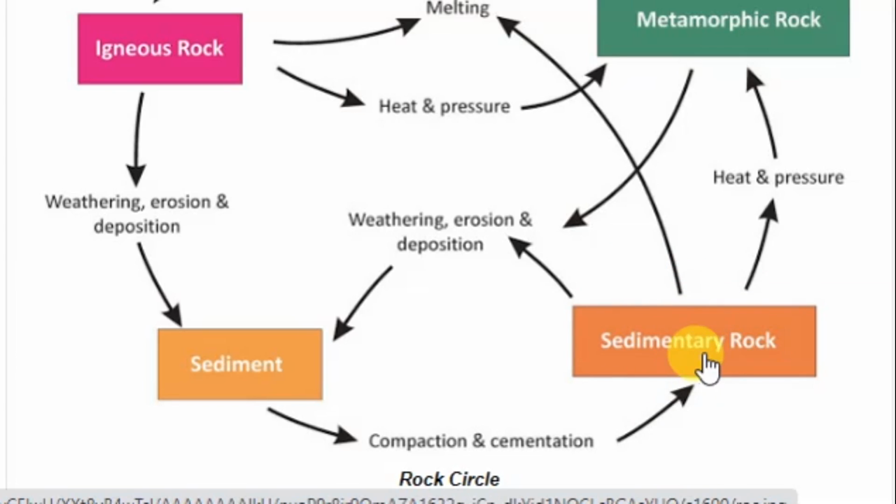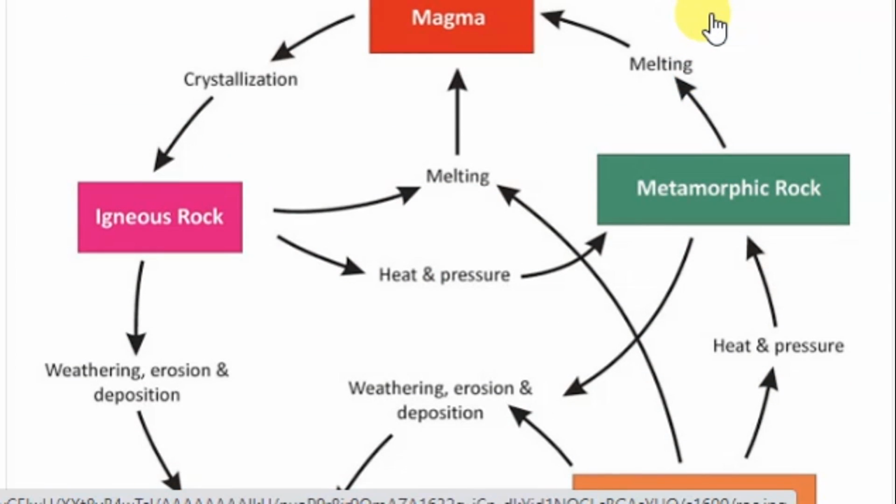But if any rock is subjected to heat and pressure, it forms metamorphic rock. Igneous, when subjected to heat and pressure, forms metamorphic. Sedimentary, when subjected to heat and pressure, forms metamorphic. Also, if any rock is subjected to melting, sedimentary forms magma, igneous forms magma, and metamorphic rock, when subjected to melting, also forms magma.